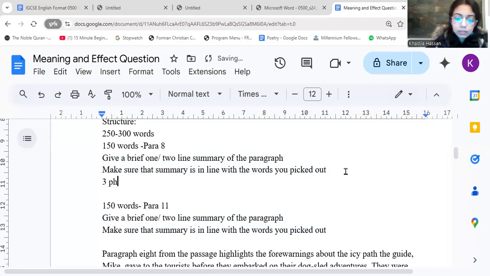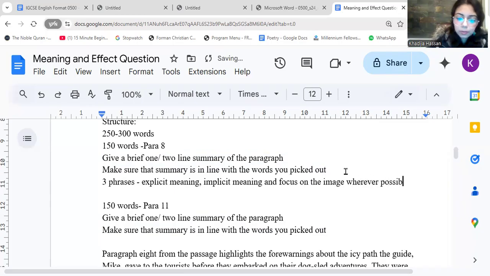So for the 3 phrases, for each one you are doing the implicit meaning, and focus on the image wherever possible.